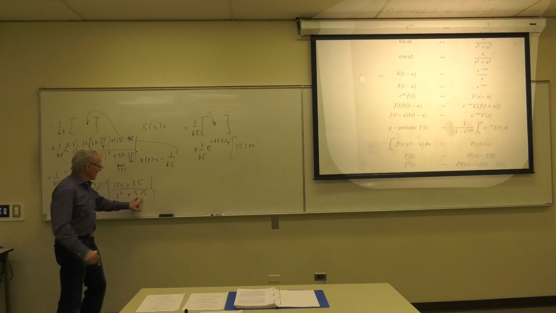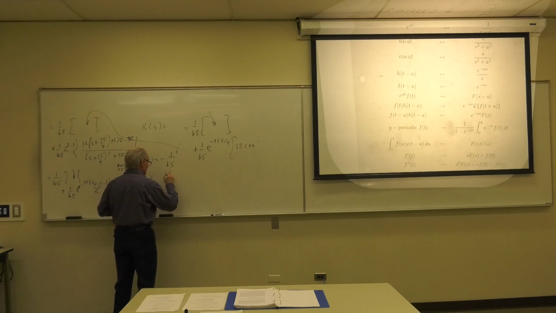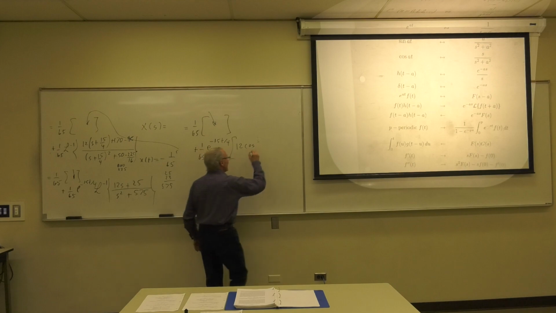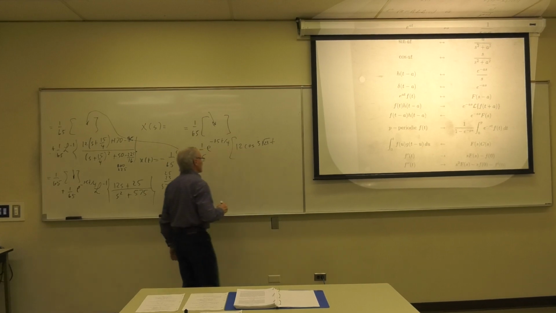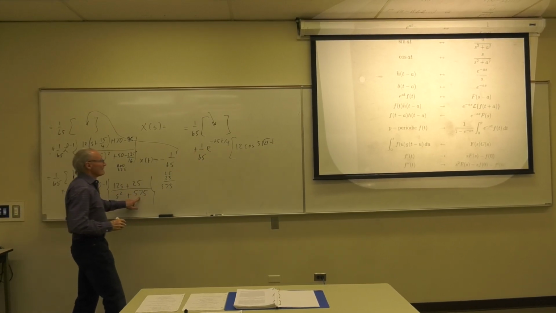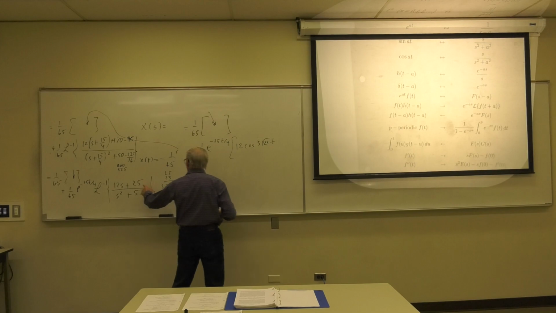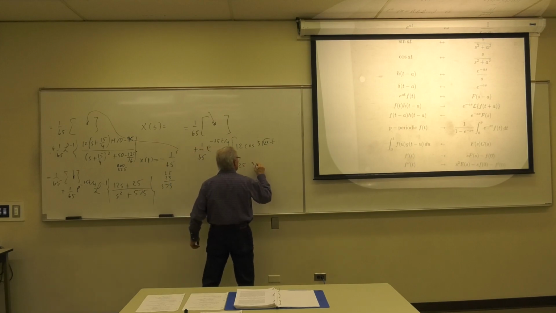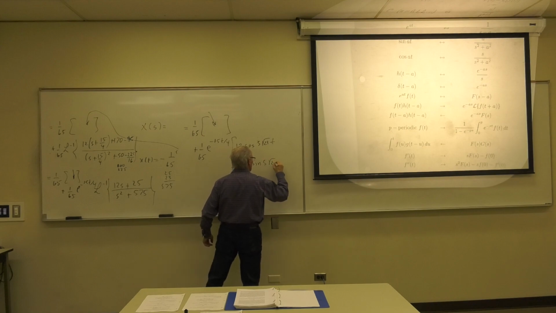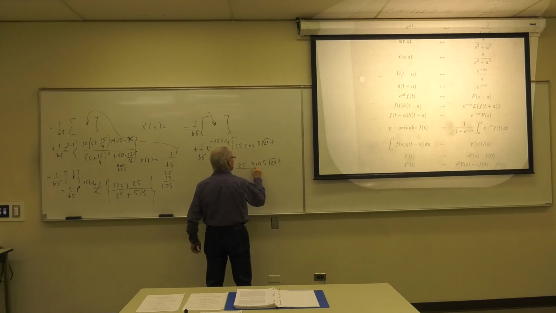But take out a 25. 25 times, I seem to recall, 23. 15, 10, 17. Yes, okay, 5 root 23. 5 root 23 t, that's it. Right? And then now the 25 plus 25, the sine of 5 root 23 t, but we'll have to divide by the 5 and the root 23.